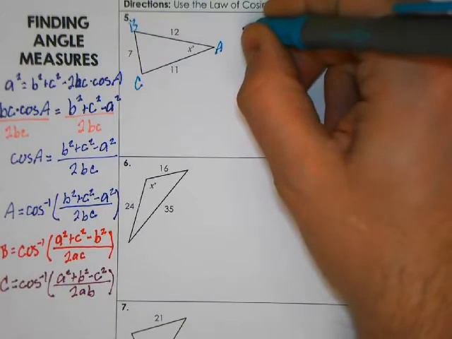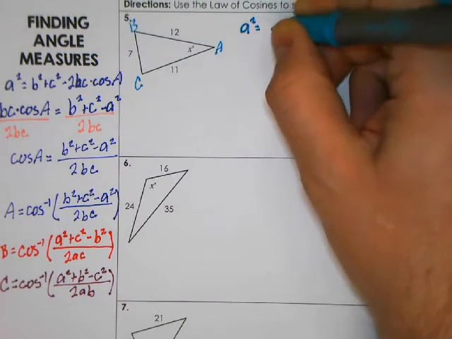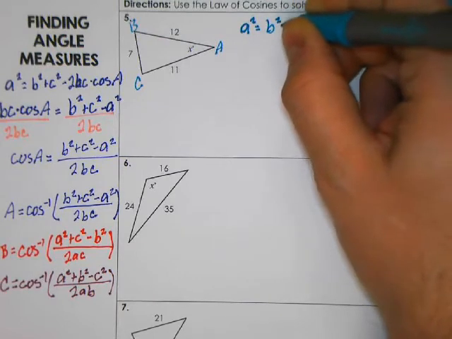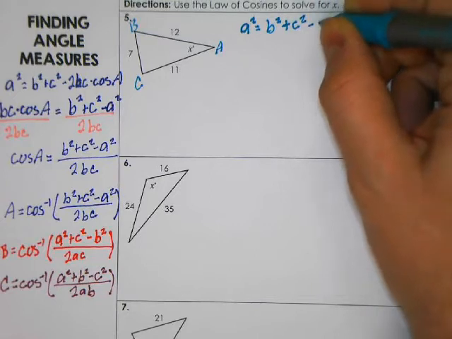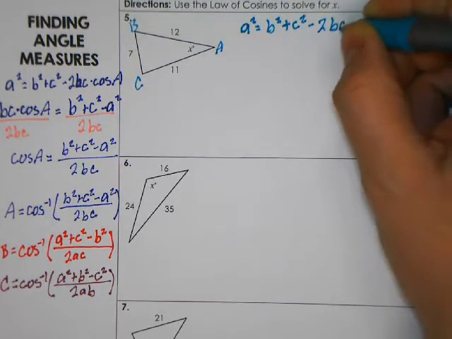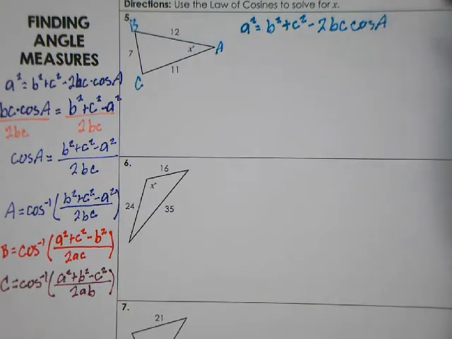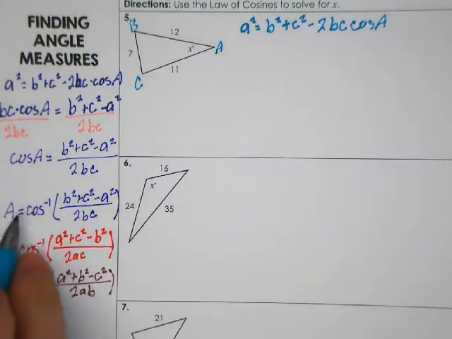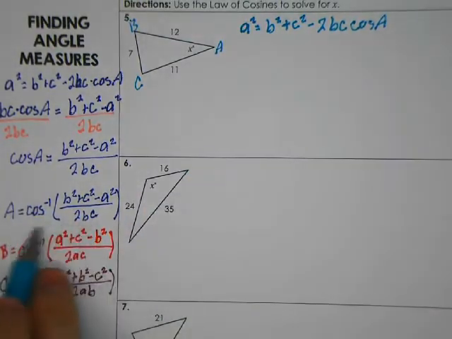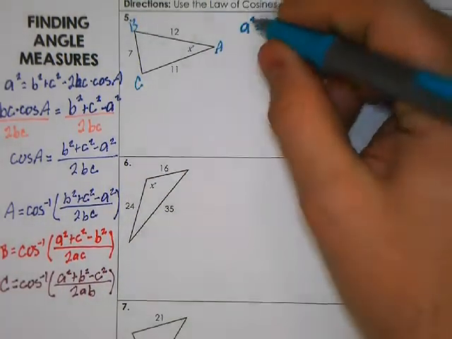So according to the law of cosines, we would say that a squared will be equal to b squared plus c squared minus 2 times b times c times the cosine of angle A. So now you have the choice. You can either derive what we have here before you substitute your numbers, but I know most of us are probably going to just start substituting our values.